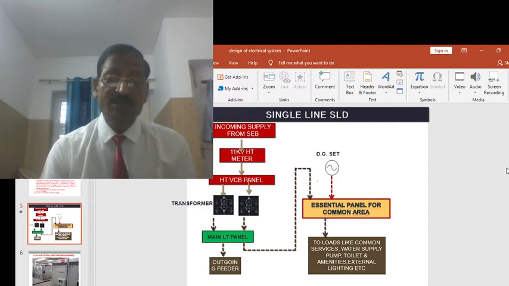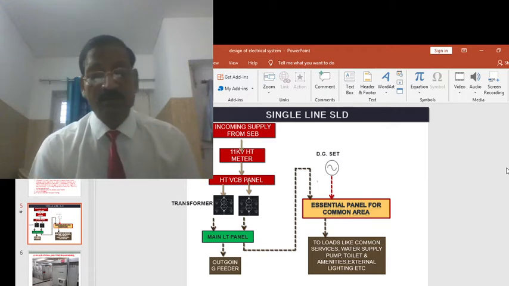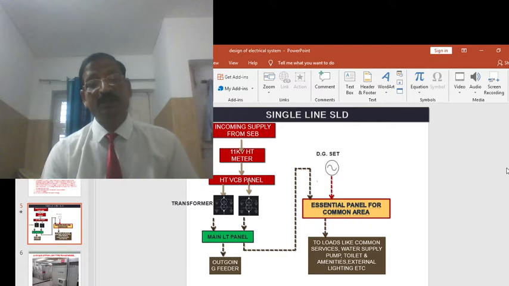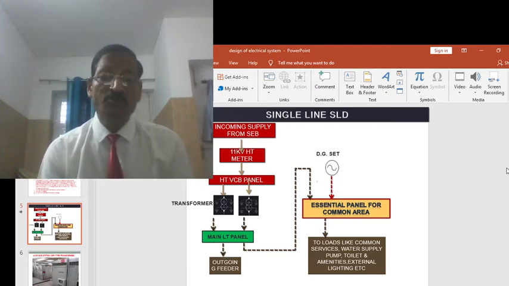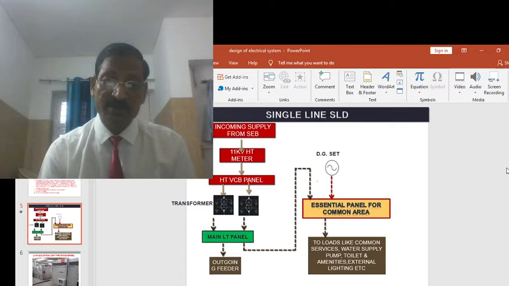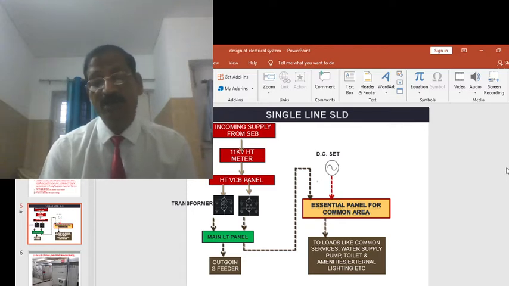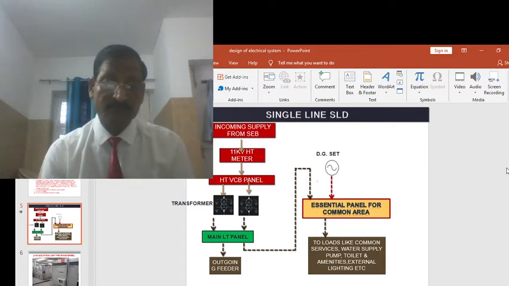In the transformer, we step down the voltage, if it is 11 kV or 33 kV, to 415 volts. At this voltage we give supply to the main LT panels, which are the heart of our building. From the LT panels we give supply to the different equipment in the building.